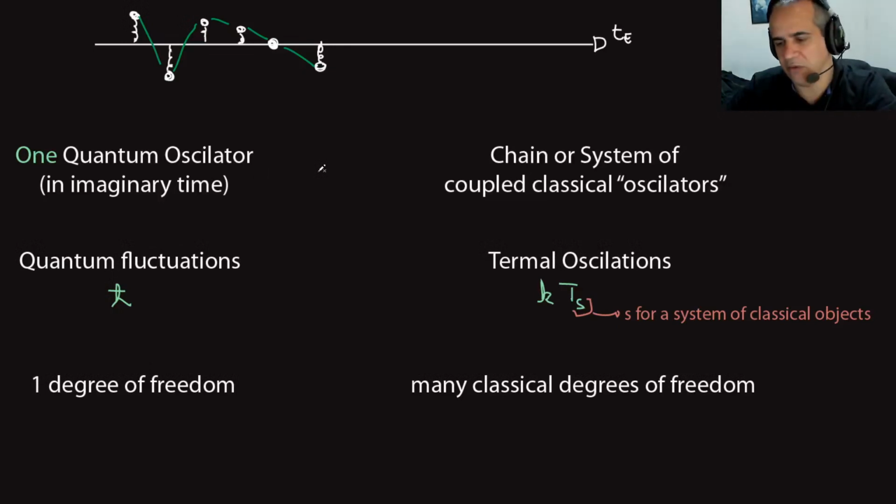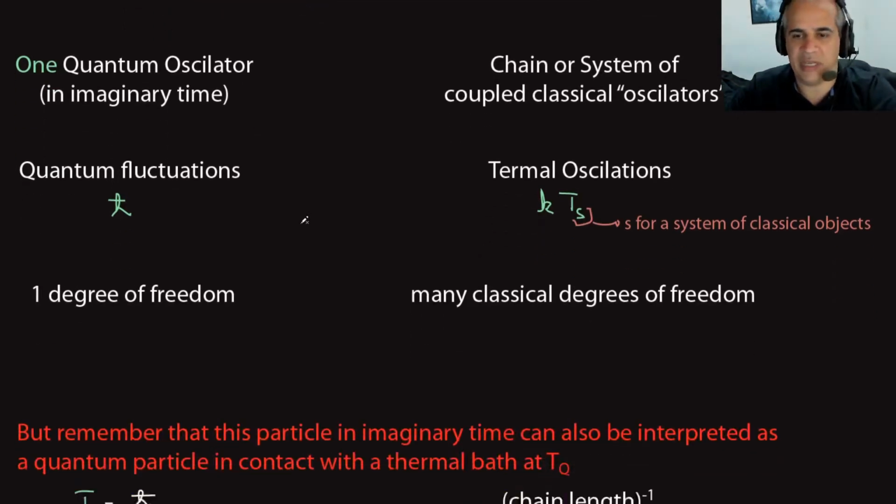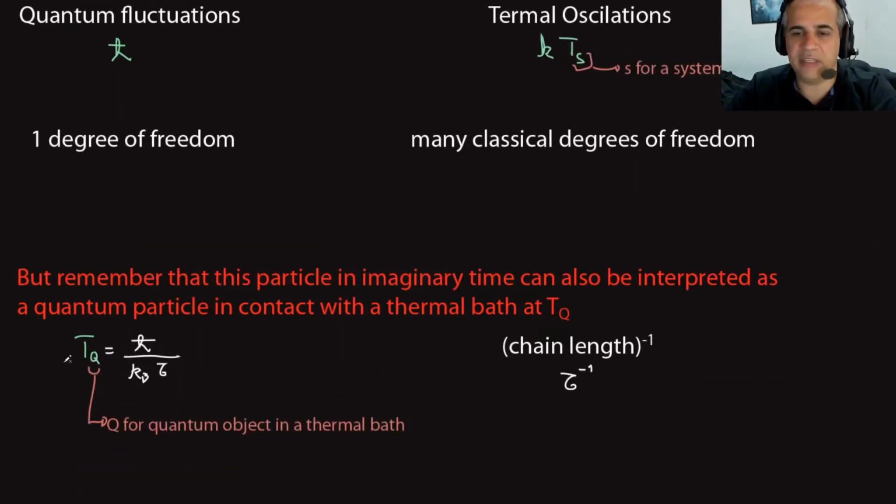If I take this oscillator and put it in a heat bath, one way of describing this quantum system is going to Euclidean time, right? And then I have this temperature, which is given by the length of this Euclidean time I'm considering, right?